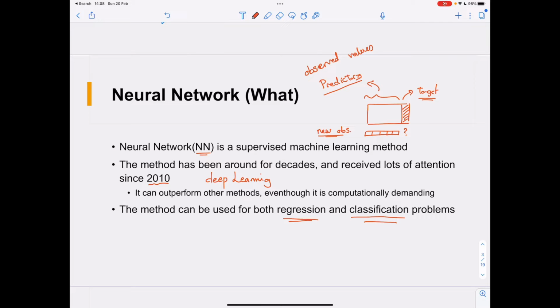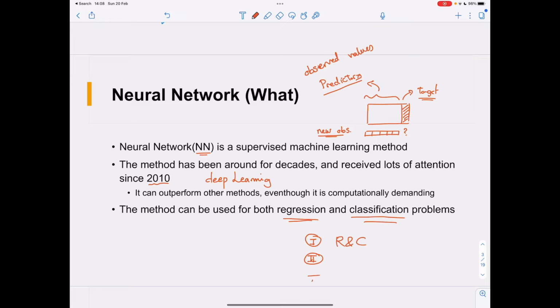There are many reasons that I have included this method in our module. One is that it can handle both regression and classification problems. Second, it is ubiquitous. It is everywhere. If you go to an interview, if you want to continue data science or machine learning paths, neural network is probably one of the most important algorithms that you have to go through.